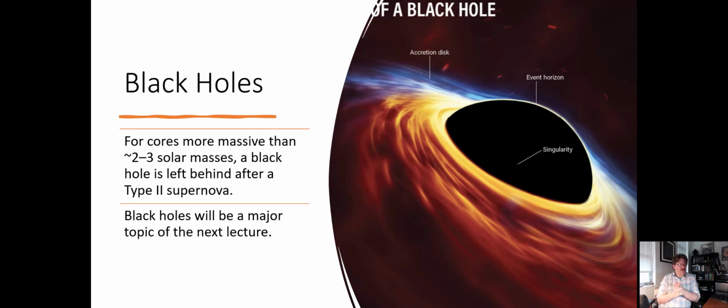Now this is much more of an open question, and becoming a larger open question as we get more observational evidence in cosmology. But for now, think of a black hole as something which has mass but no radius.